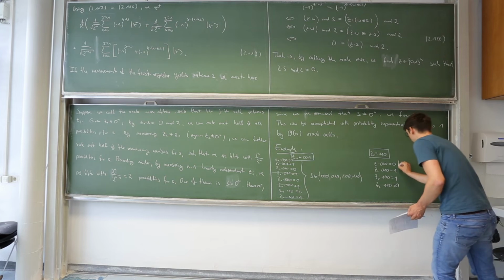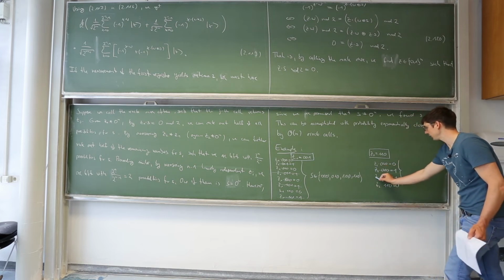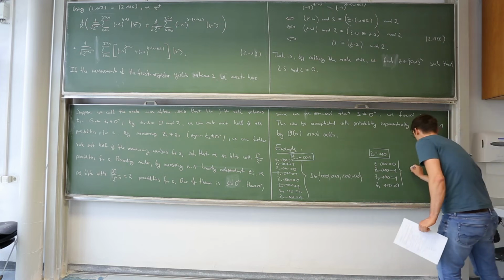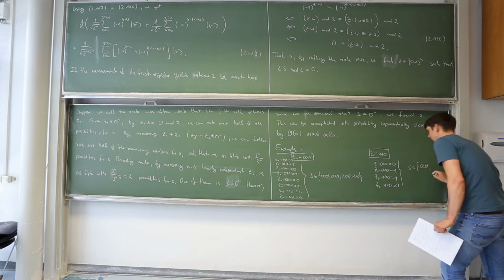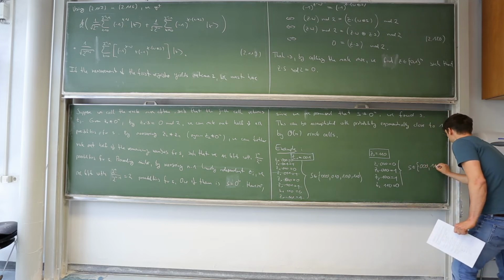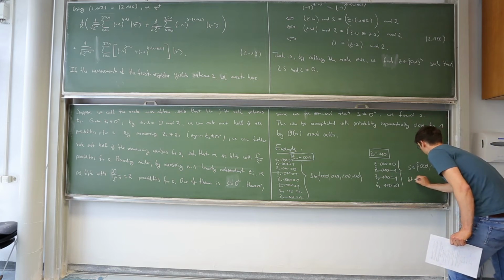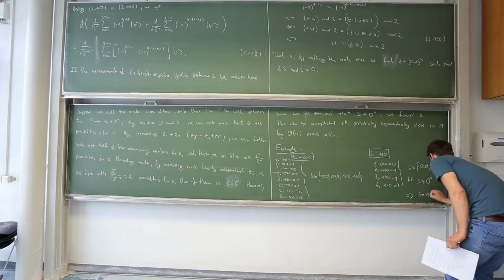From this, again, we know that it's not this possibility and not this one. So S must be either 000 or 110. But we know that S is not the 0-bit string, and with this we find that S must be 110.